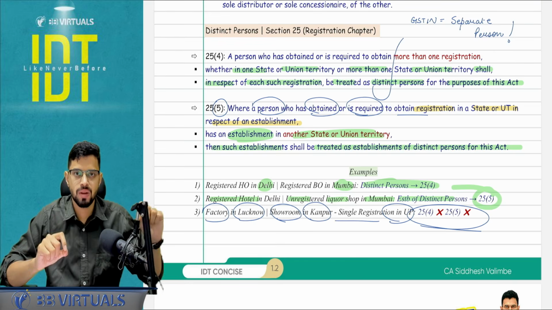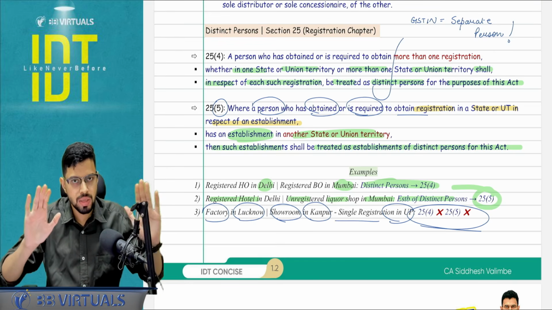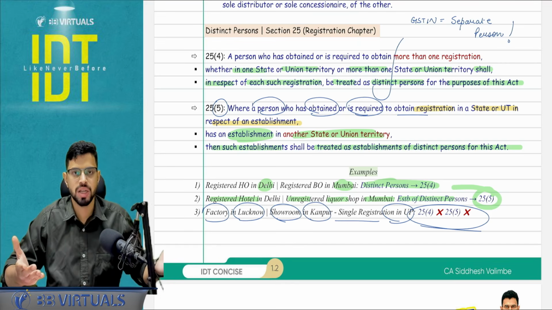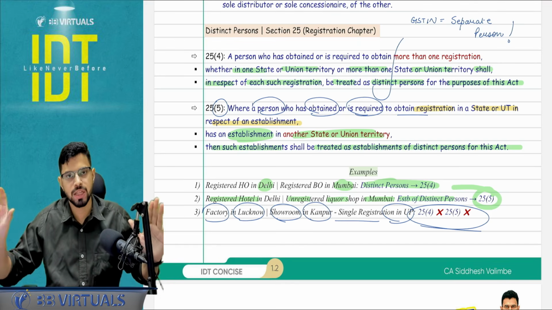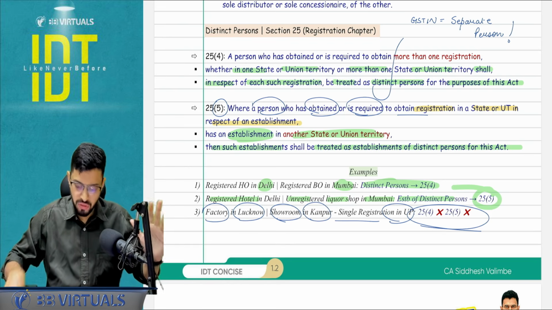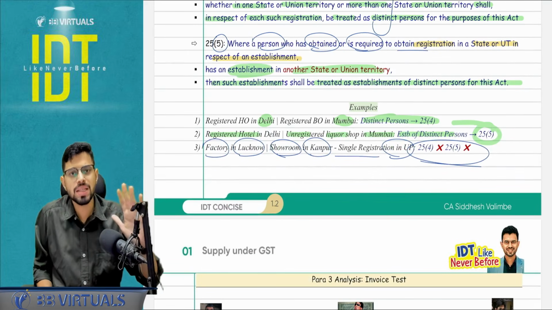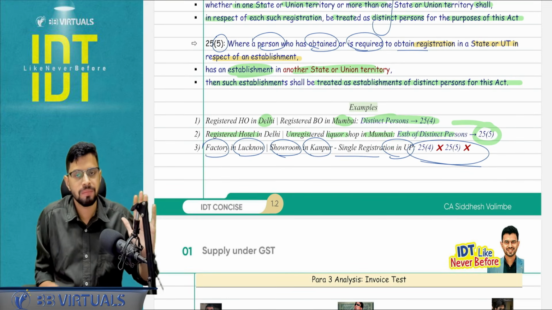Your other address will be the additional place of business. It has to be declared as such in your certificate of registration. I will be showing you the certificate of registration in chapter number 8. But understand this, it will be declared as an additional place of business. So if in a single state I have taken a single registration, it is not a case of 25(4) and not a case of 25(5).